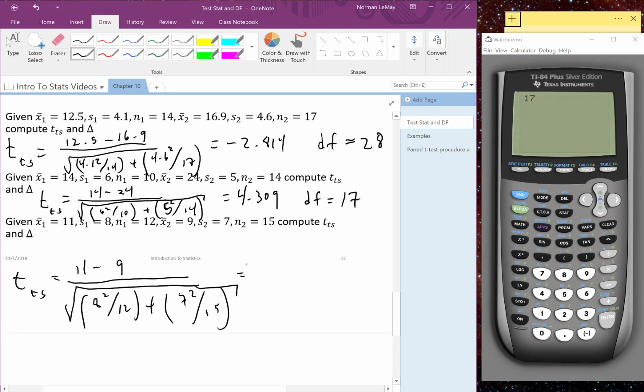So this is equal to 11 minus 9 divided by the square root of 8 squared divided by 12 plus 7 squared divided by 15, close, close. So our test statistic is 0.682.